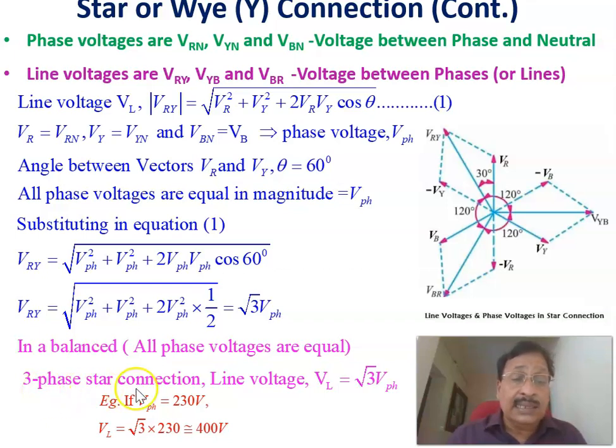In that case, in a three-phase star connection, line voltage equals root 3 times phase voltage. As an example, if the phase voltage equals 230 volts, line voltage equals root 3 times 230, almost equal to 400 volts. This is the relation of line voltage and phase voltage. Line voltage is the voltage between two lines, and phase voltage is the voltage between line and neutral.